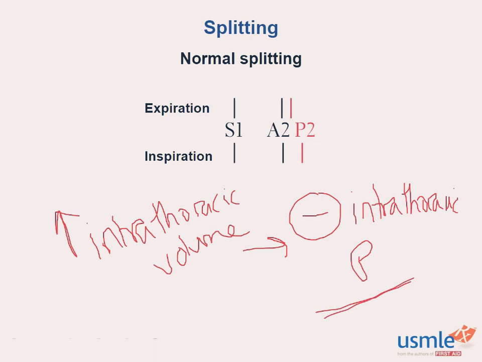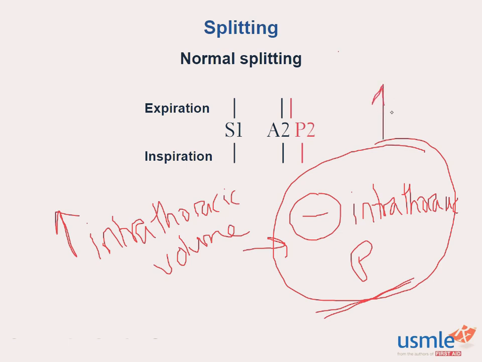So as we increase the volume, we have a more negative intrathoracic pressure. This is really the key here. When we have a negative intrathoracic pressure, we actually see an increase in venous return. This is an important concept. We see an increase in venous return from the extremities, from the abdomen, from the head and neck, through the SVC, through the inferior vena cava, and into the right atrium, and subsequently the right ventricle. As such, we see an increase in end diastolic volume.